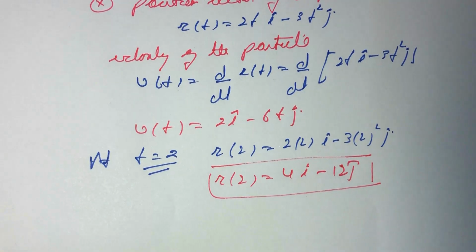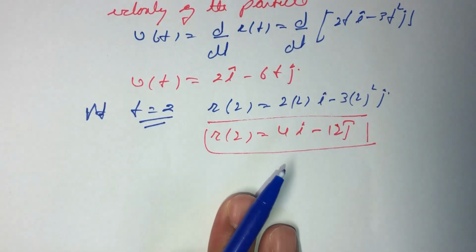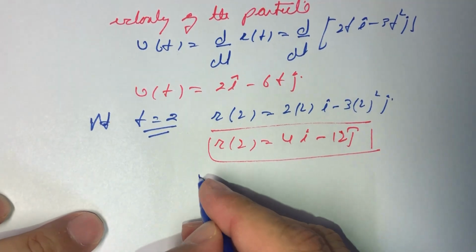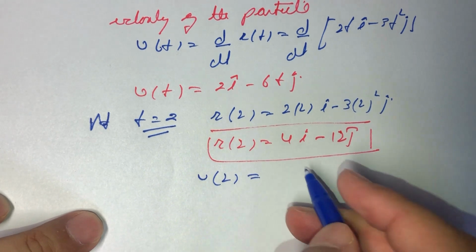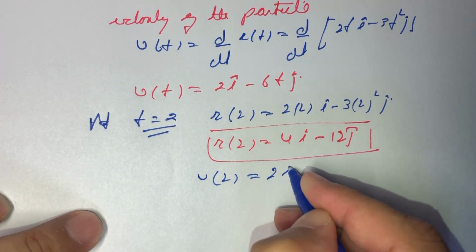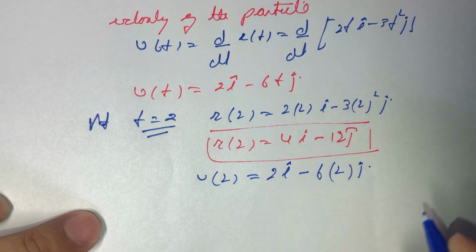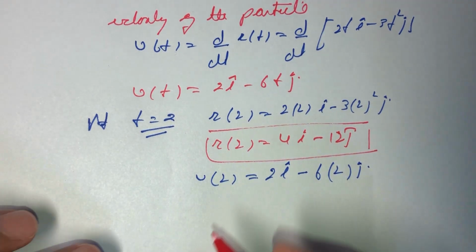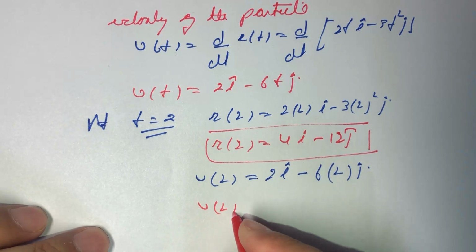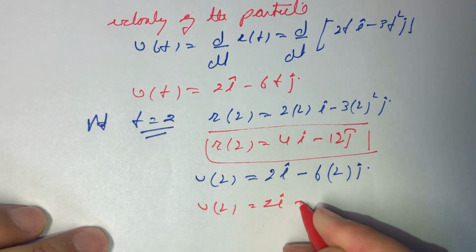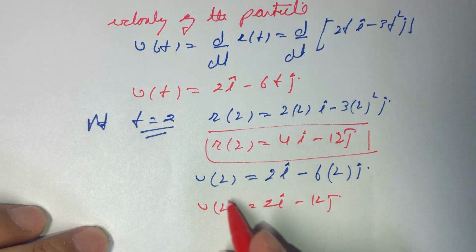And similarly we can find out its velocity. Velocity at time 2 will be equal to 2i minus 6 into 2j. So we get velocity at 2 equal to 2i minus 12j.